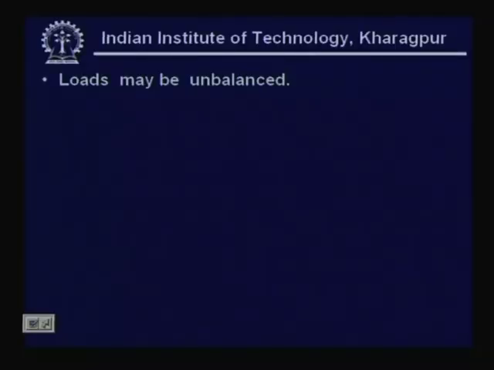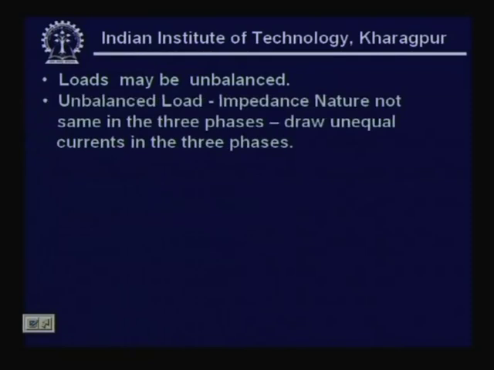Now, as I said, loads could be balanced, loads may be unbalanced. In fact, I had already made a statement that loads are generally unbalanced. Having already said what is a balanced load, we know what it is to be an unbalanced load. Impedance nature is not same in the three phases. Though while designing an electrical system, designer takes care to see that all the three phases are loaded equally.